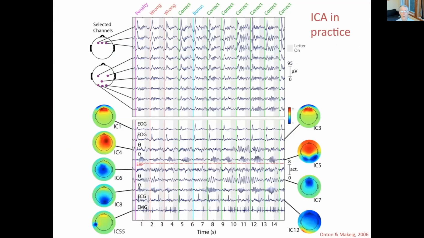Now, here is in practice what IC decomposition under favorable circumstances can look like. Here are 9 out of 100 channels in this data set, a half-hour data set of a subject performing a two-back task with feedback. And here are 9 of the 100 independent component activities and scalp projection maps in that same 15 seconds that we selected out of the data.